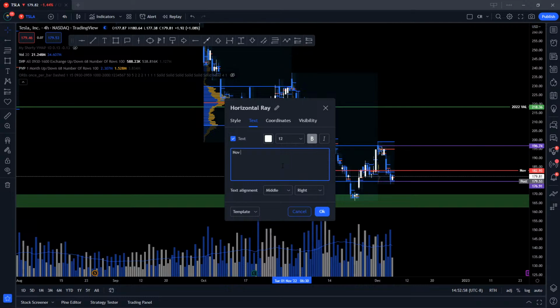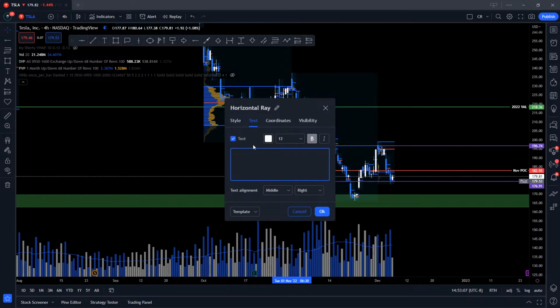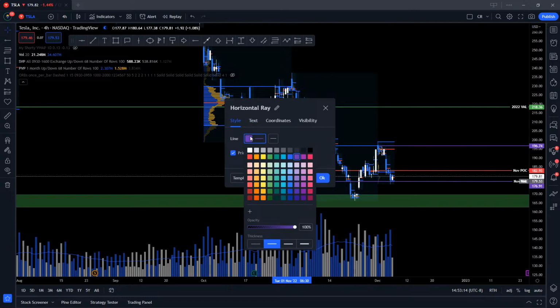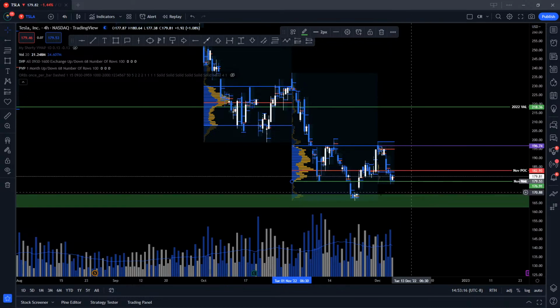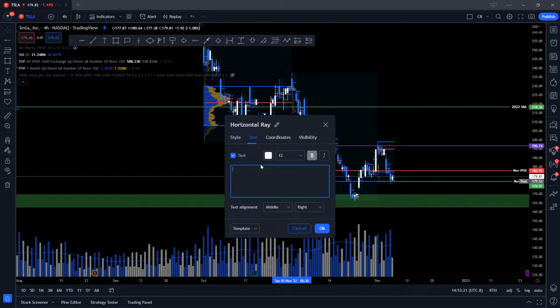What about the value area low? I mean, it might break under that value area low and then retest it and then go down into that demand area. Perfect. That would be a beautiful short.